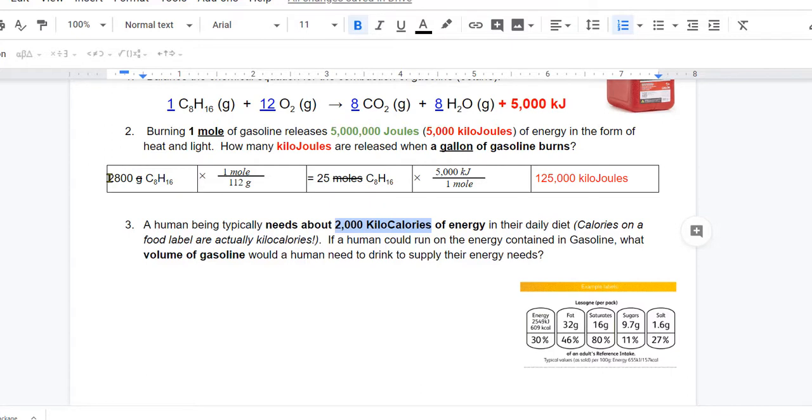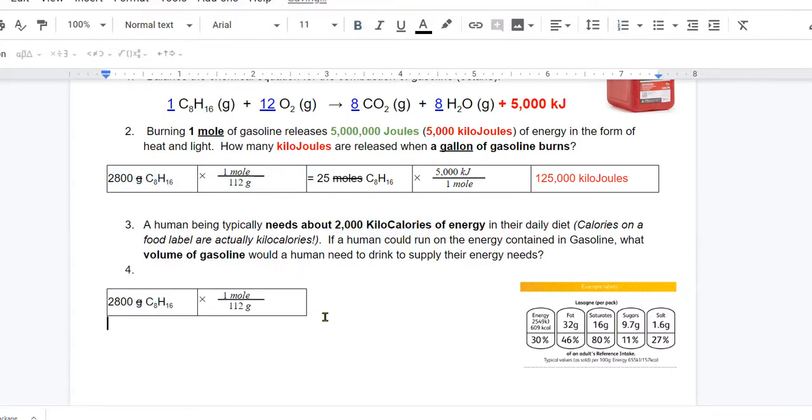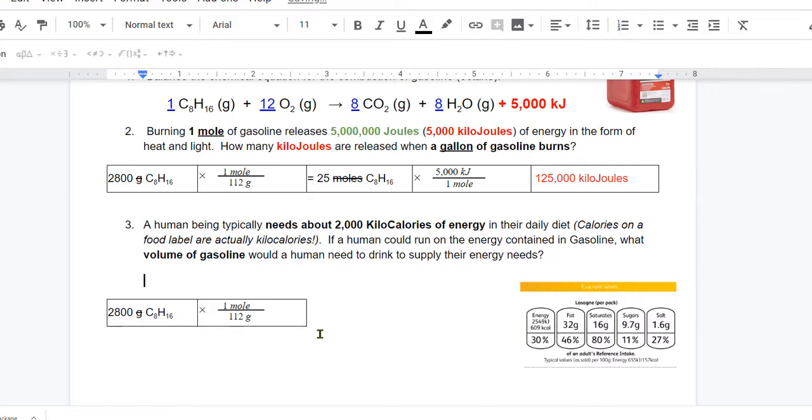So I'm going to steal a couple boxes from here. Got a little extra garbage. Get rid of the extra garbage. So now I'm going to start with 2,000 kilocalories. Can be abbreviated Kcals. And this is not any specific substance, it's just energy. I want to turn it into kilojoules.